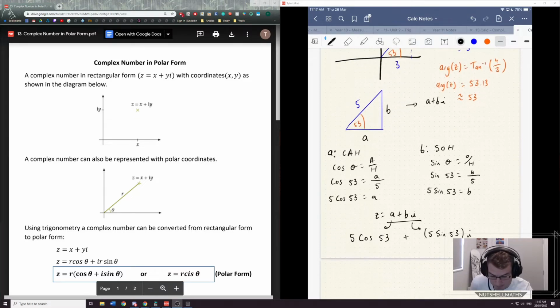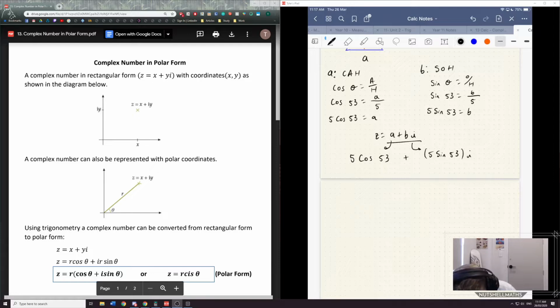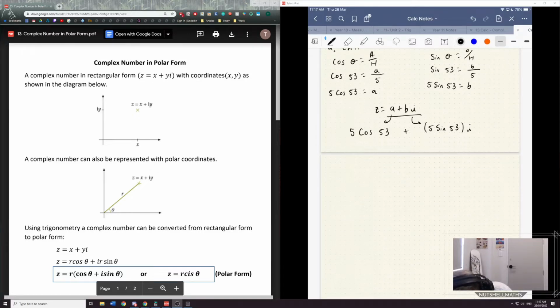We happy so far? Let's work with this a little bit. 5 cos 53 plus, you happy if I just do this? Put this I in front. I know we don't often do it, but we're going to. Yeah, Miraji wants me to say Z equals in front of all of this.